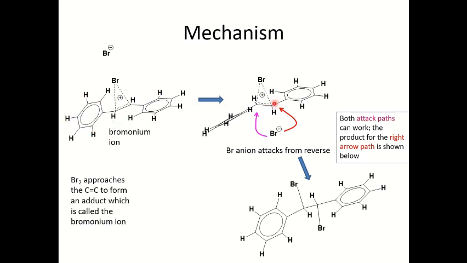As you can see here better, since you have the bromonium ion here, the only possibility for the nucleophile to attack the other electrophilic carbon, either this one or this one, is from the opposite side of the molecular plane, because the other side is sterically blocked by the bromonium ion.